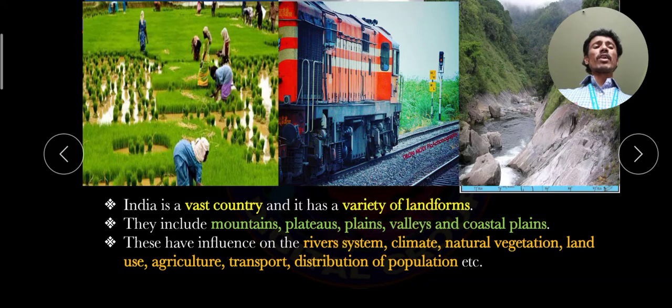Then a variety of climate is there. Natural vegetation is different. Land use is different. Agriculture is different. Transport is different. Even the distribution of the population is different, because of the influence of mountains, plateaus, plains, valleys and coastal plains.